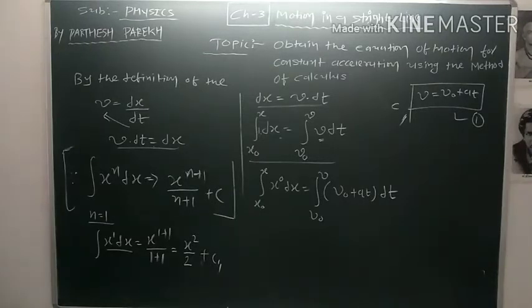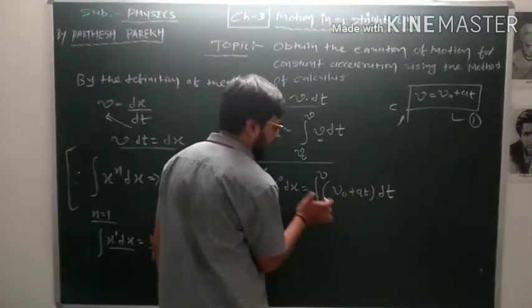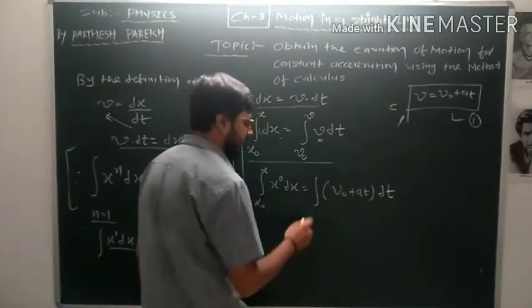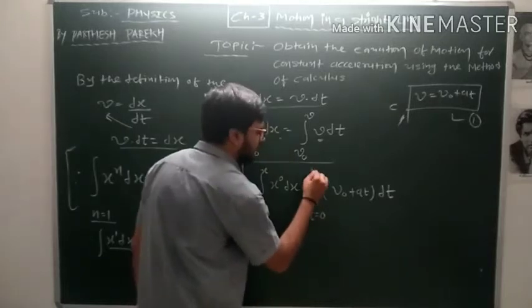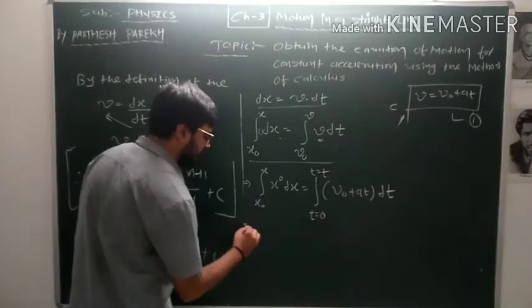But here we need to integrate with respect to time, not v, because we already integrated with respect to v. So we put t equals 0 to t equals t. Now we integrate this equation.